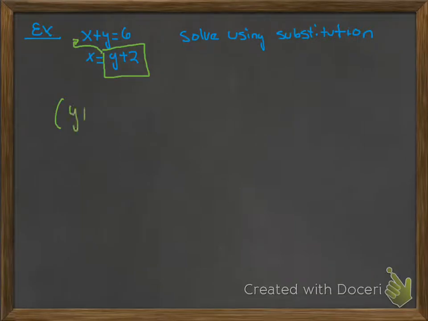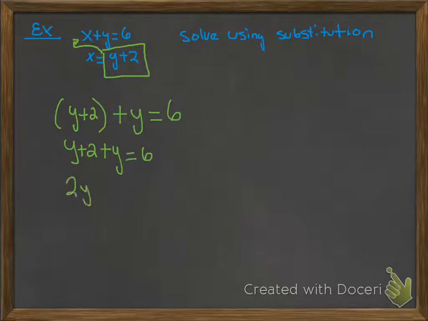So y plus 2, in parentheses, plus y is equal to 6. Now I'm going to keep solving, and I get y plus 2 plus y is equal to 6. 2y plus 2 is equal to 6. 2y is equal to 4, because I subtracted 2 from both sides. So y is equal to 2.